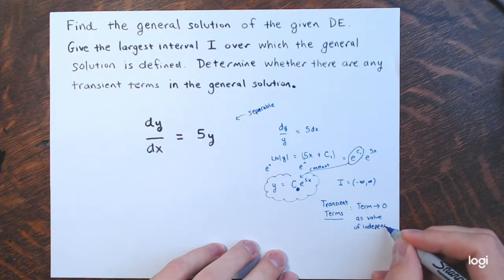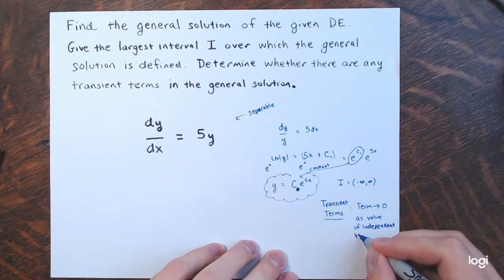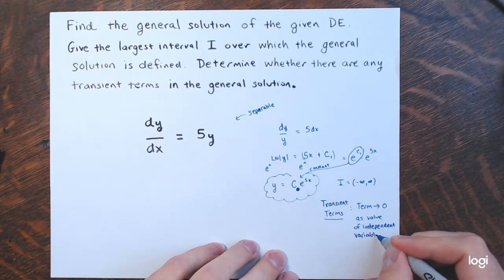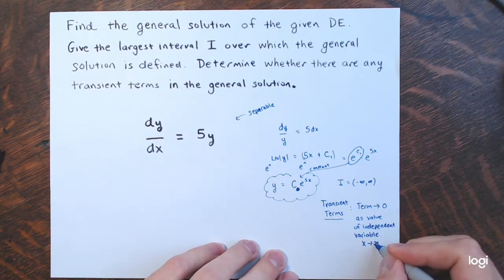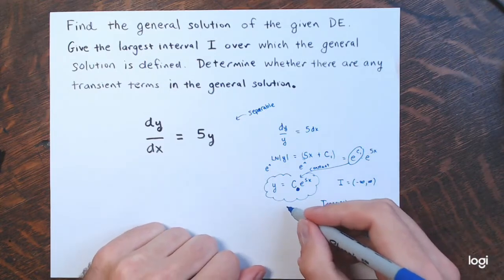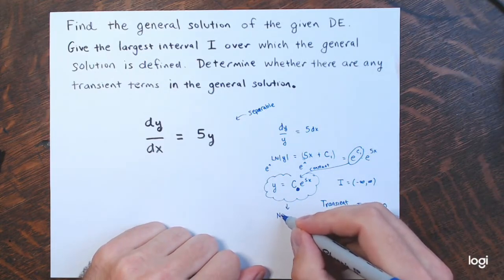In this case I'm treating x as the independent variable. As x goes to infinity, e to the 5x would also blow up, would also go to infinity. So this has no transient terms.